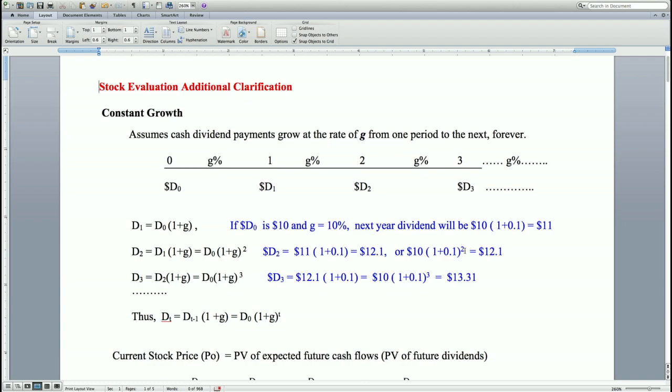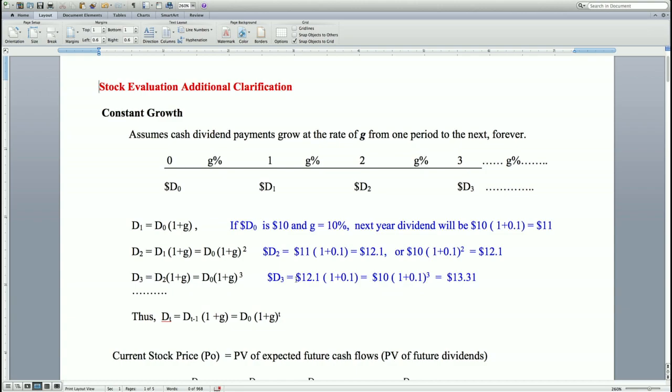So from the $10 current dividend, we add G% yearly for 2 years. It's compounding. So look at D2: that's from D0, 1 year and 2 years growing G%. So D0 times 1 plus G to the power of 2. And then D3, year 3 dividends, is from D2 at G%.